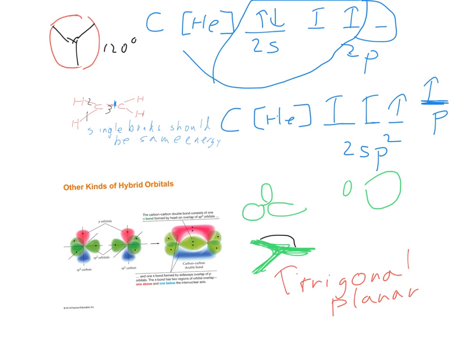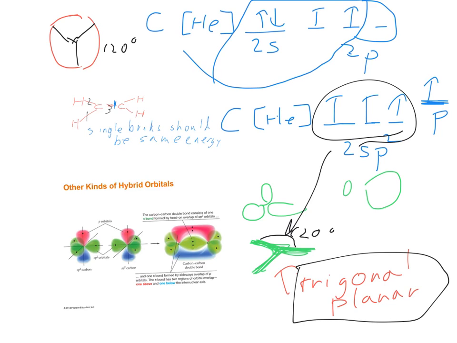So each one of these parts is going to be 120 degrees off of each other. So I formed 3 orbitals of equal energy that have arranged themselves in a plane, trigonal planar shape, 120 degrees apart. And I have 3 orbitals now capable of forming single bonds.